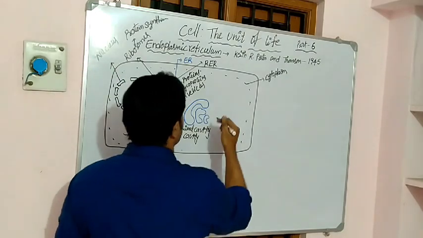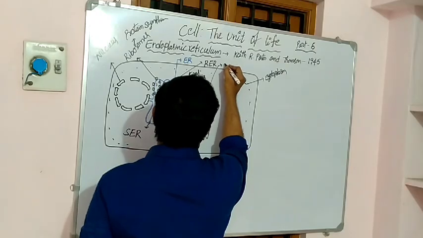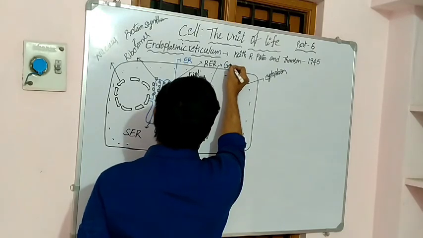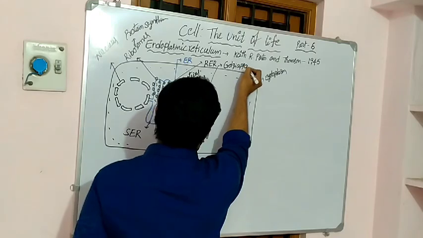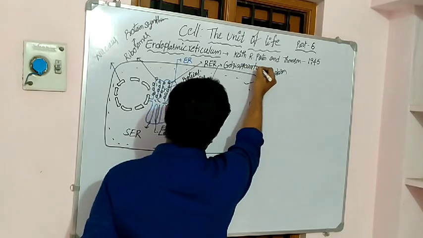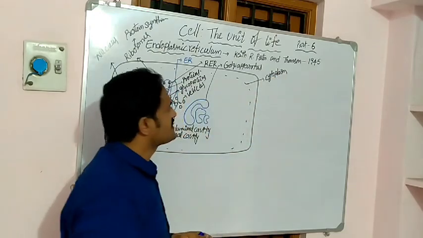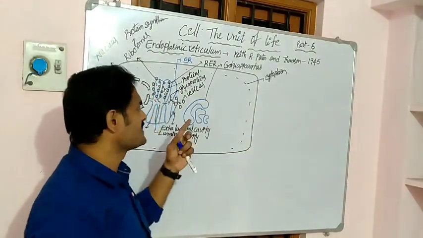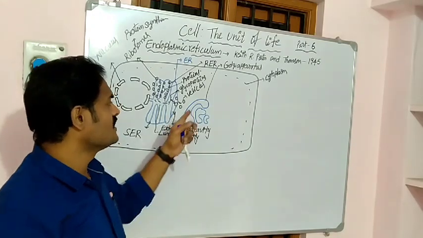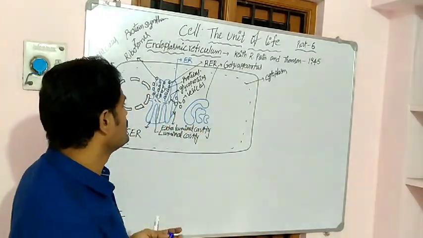This cell organelle is called Golgi apparatus. It is also called Golgi complex or Golgi body. It has different names: Golgi apparatus, Golgi complex, or Golgi body.